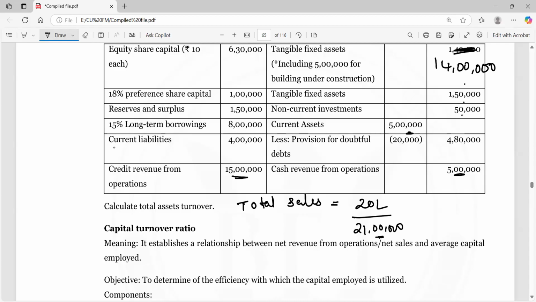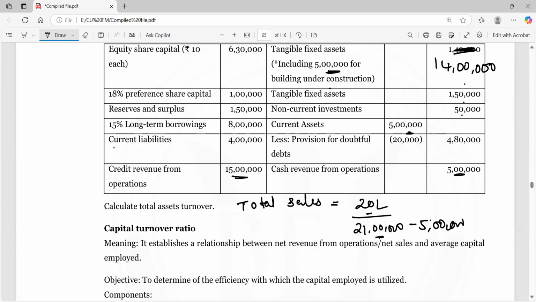This 21 lakh includes 5 lakh rupees of building which is under construction. Listen to this point carefully. Can you use this 5 lakh rupees of building for generating revenue? No. So this 20 lakh rupees of revenue is generated with this 5 lakh rupees or without 5 lakh rupees? Without 5 lakh rupees. So that 5 lakhs needs to be ignored here.